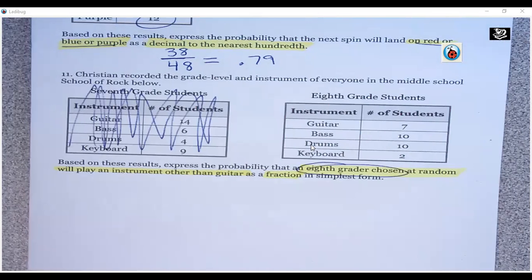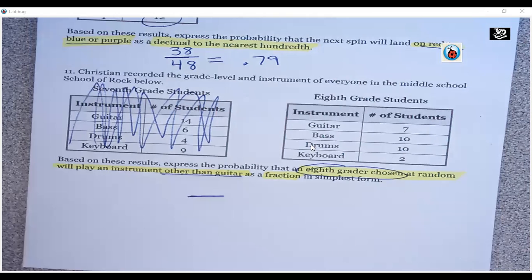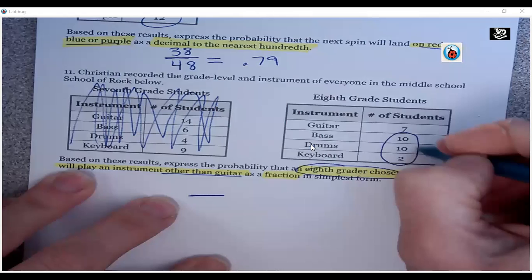We want them to play something other than the guitar. TJ, how are we going to find our numerator? You need to add together all of the numbers which are not the guitar, which is 22. Good.